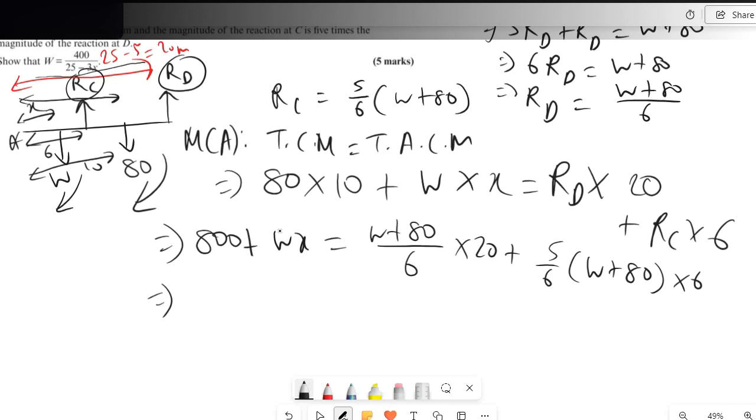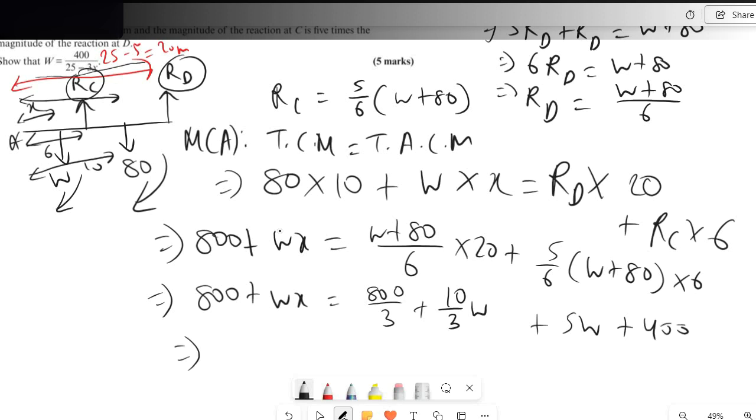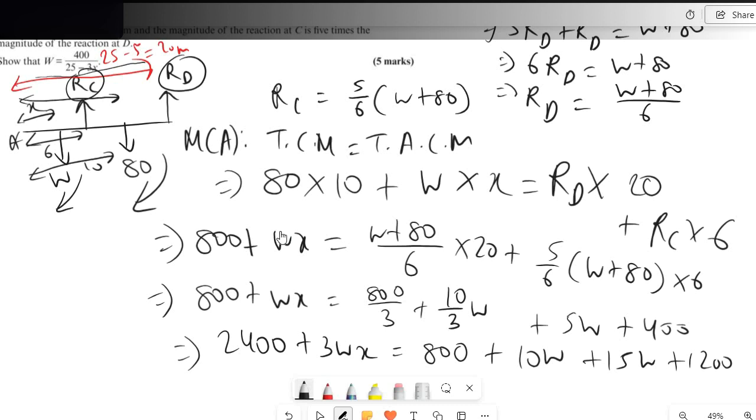So therefore we get 800 plus WX is equal to 800 by 3 plus 10 by 3 W plus 5W plus 400. Now further simplifying and multiplying both sides with 3, we get 2400 plus 3WX is equal to 800 plus 10W plus 15W plus 1200.